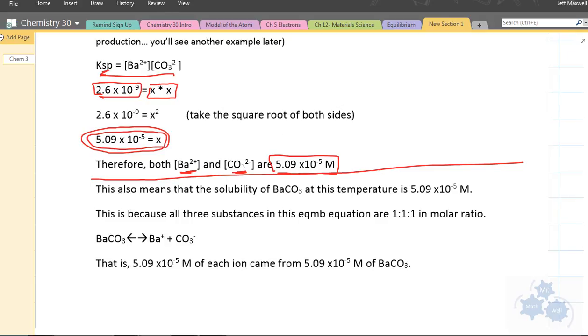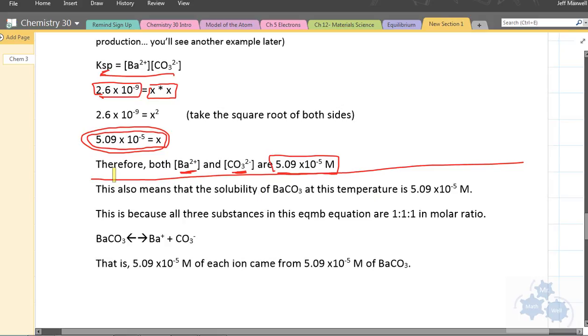So what this also means, if you're understanding Ksp, is that the solubility of barium carbonate at this temperature is 5.09 times 10 to the negative 5 molar.